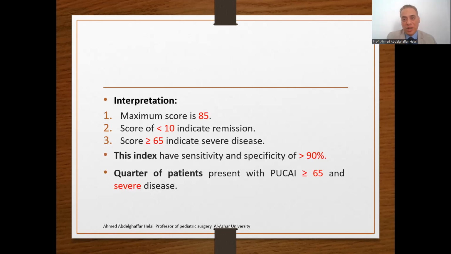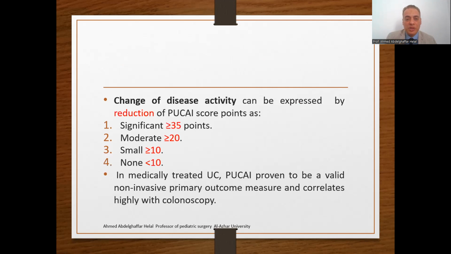The maximum score for ulcerative colitis is 85. A score less than 10 indicates remission of the disease. A score more than 65 indicates severe disease. A quarter of the patients present with a score more than 65 and severe disease.